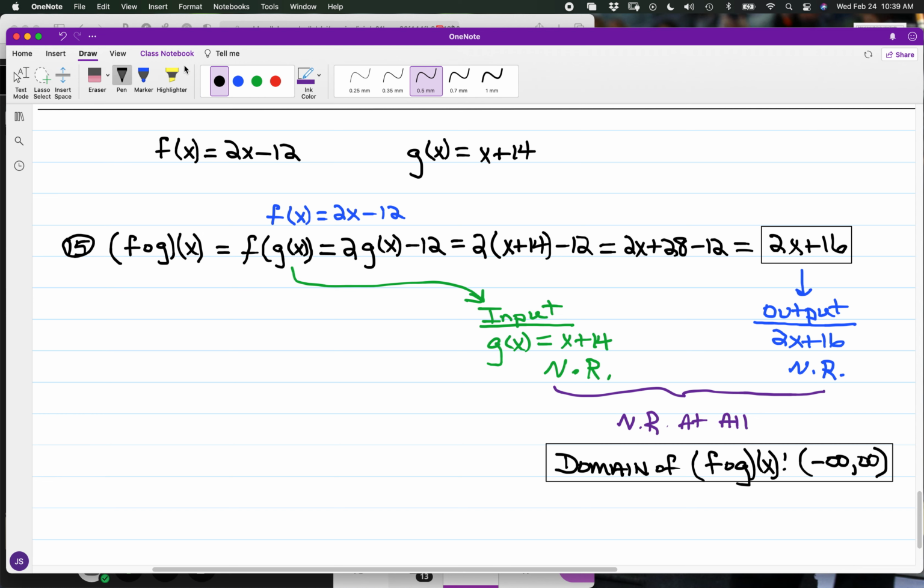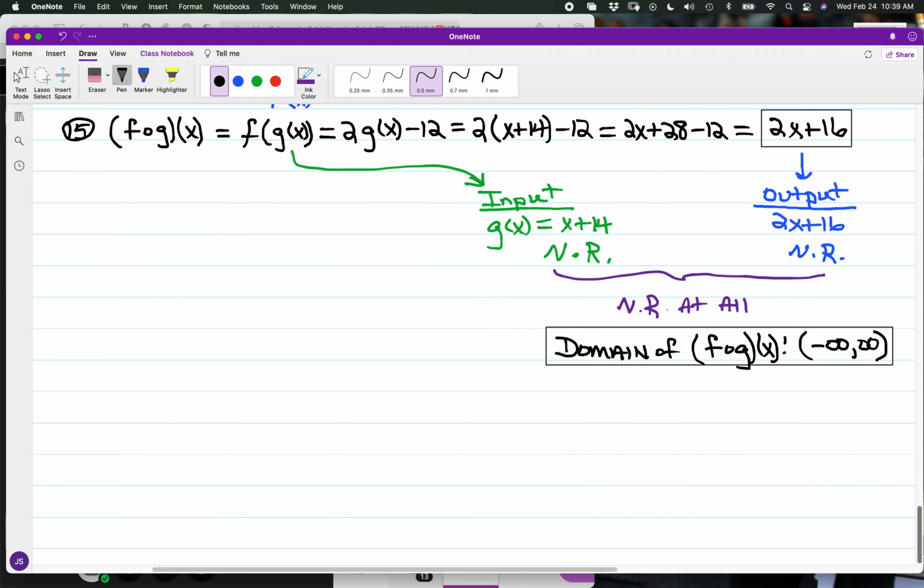And in the case of what we have with number 16, okay, so I'm just reversing the order in the composition.